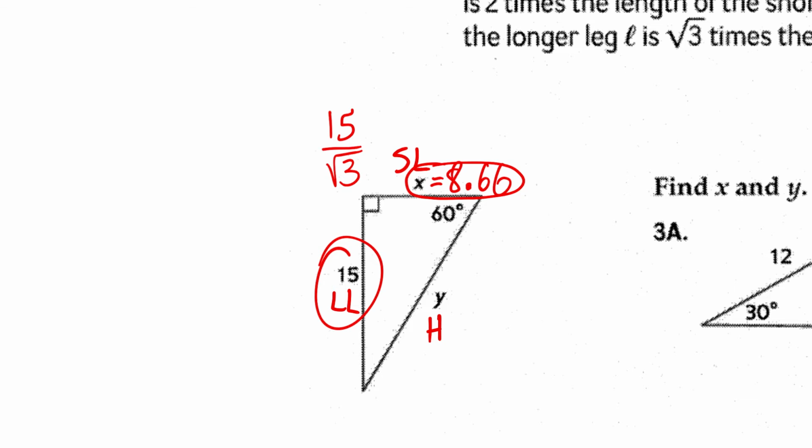Now the other thing I want to find is the hypotenuse here. So 8.66 times 2, what does that give me? 17.32. It gives 17.32.